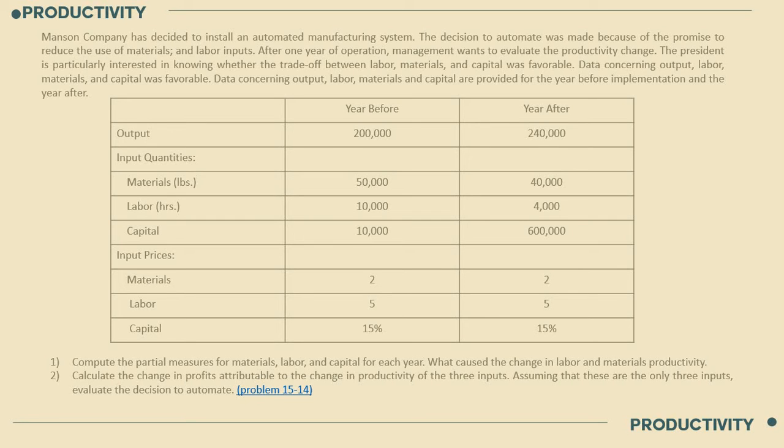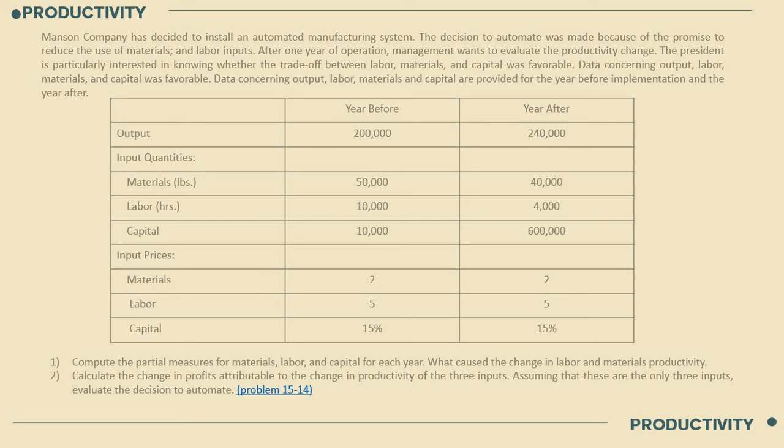The President is particularly interested in knowing whether the trade-off between labor, materials, and capital was favorable. Data concerning output, labor, materials, and capital are provided for the year before implementation and the after year. So please refer to the table below.